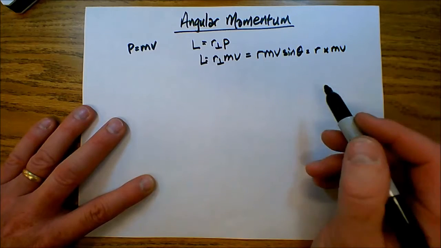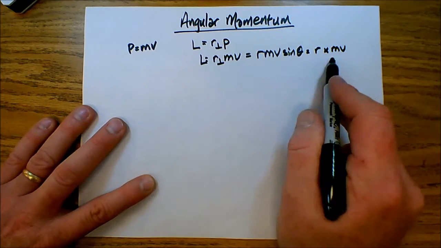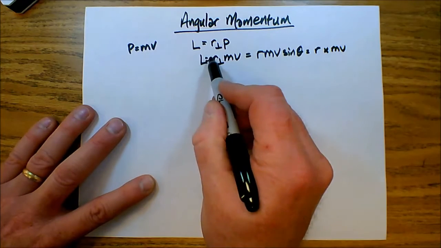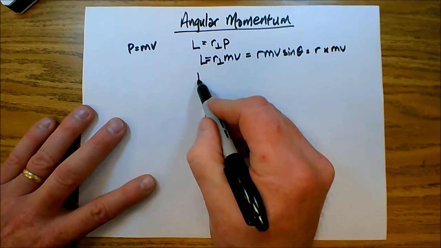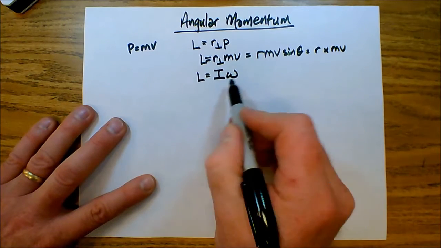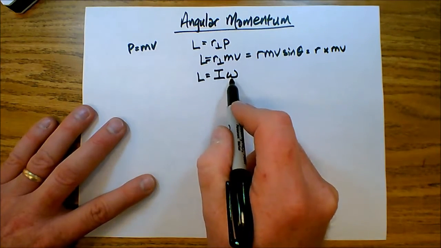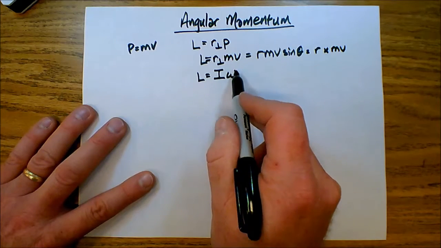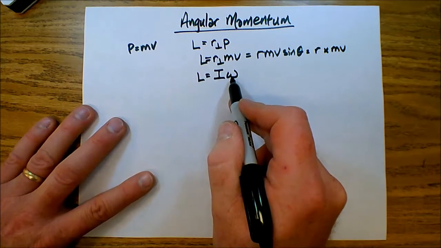That's how you find the angular momentum for an object that has a linear velocity, v. We can also find the angular momentum of a rotating object by taking I times omega. So we have these two different ways to find the angular momentum of an object, depending on whether it's a linear moving object or an object that's rotating.